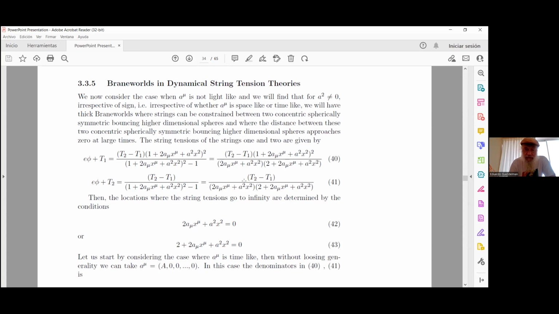For both strings, the limits where the string can live are this surface and this surface. At this point, the tensions become infinite, so the strings are bounded by this. And let's look at this. What are these? For example, for A mu time-like.